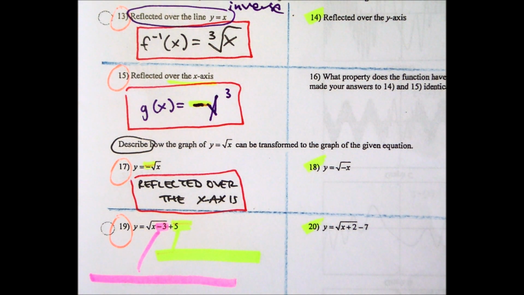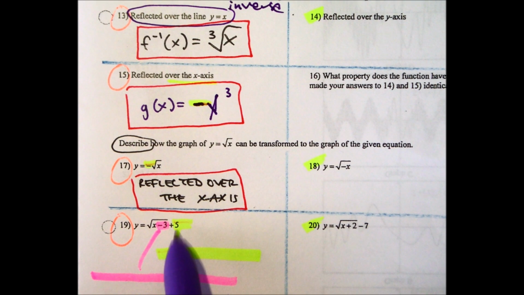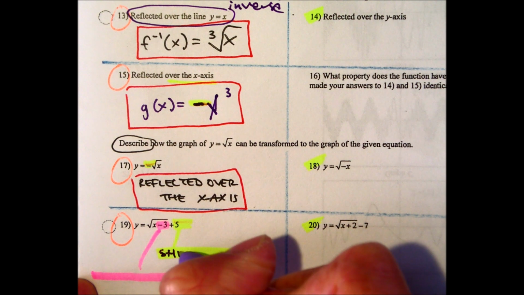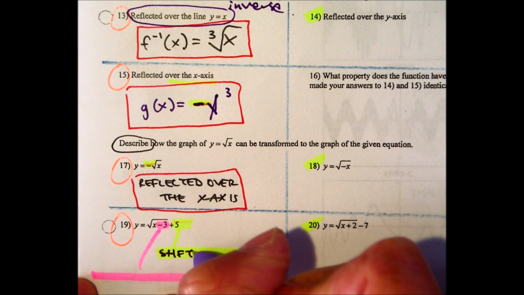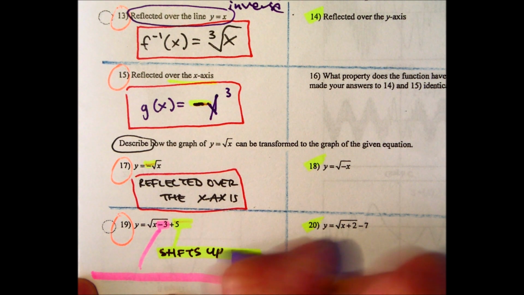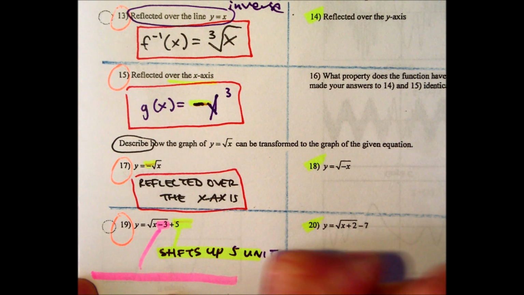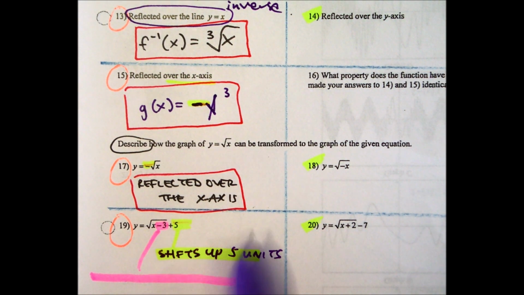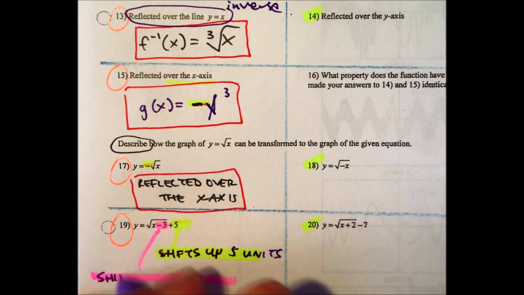Class, the one on the outside is 5 what? 5 units. And this one here is moved where? Shifted right 3 units.